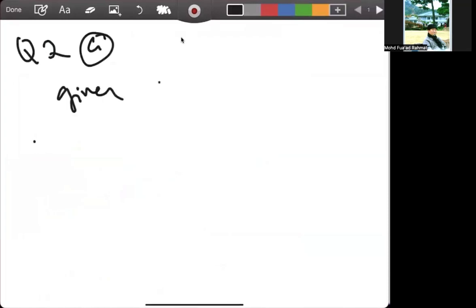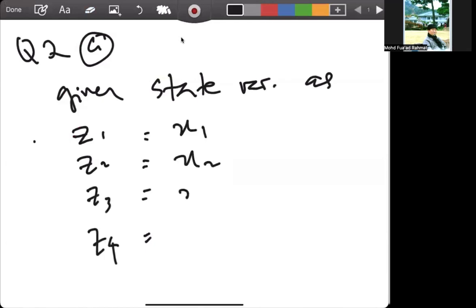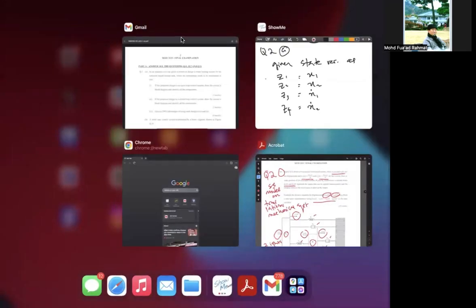Given state variables Z1, Z2, Z3, and Z4, where Z1 is the displacement X1, then X2, X1 dot, and X2 dot, as given here.